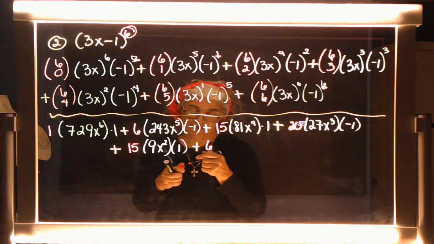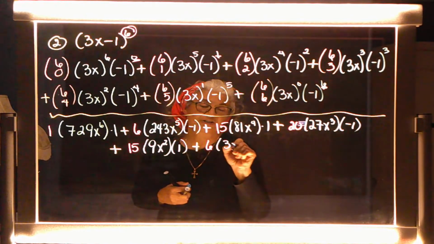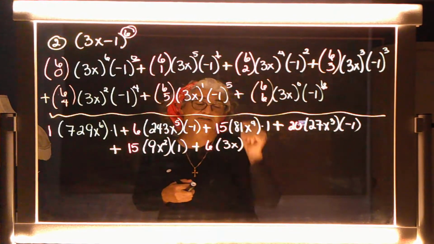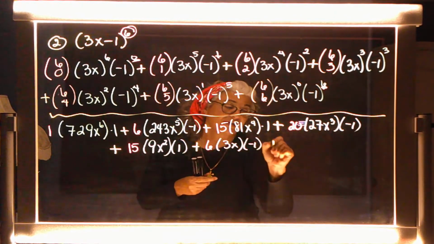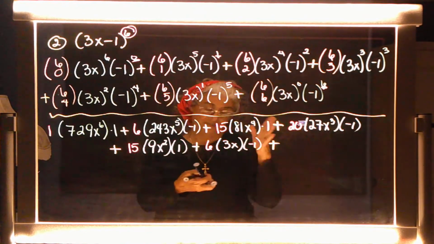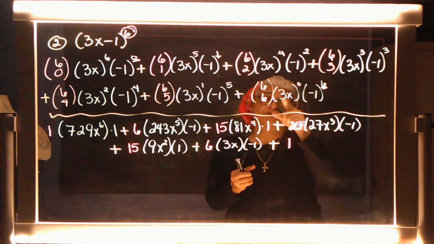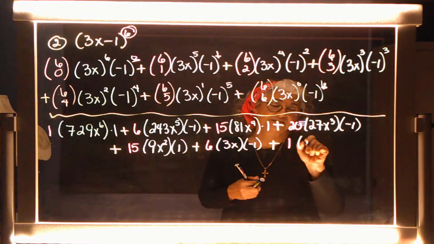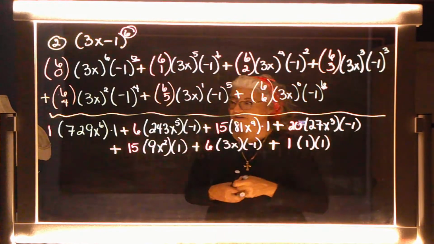Yep, we got a 6. And we have 3x to the 1st. Good, just 3x. And now negative 1 to the 5th is negative 1. Plus, that last term, 6 choose 6. Yeah, that was 1. 3x to the 0, that's 1. Negative 1 to the 6, positive 1.